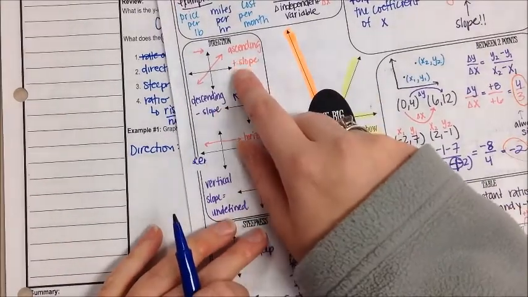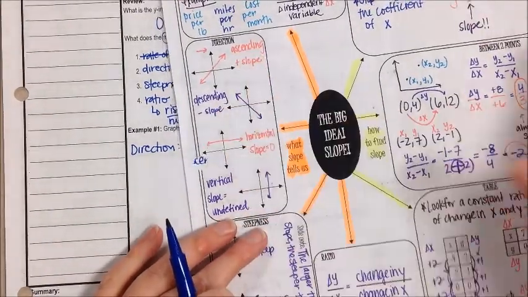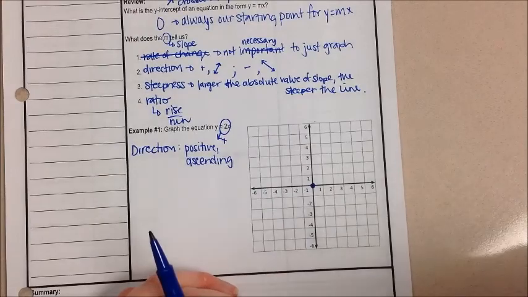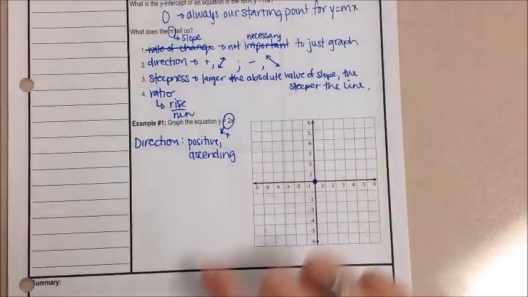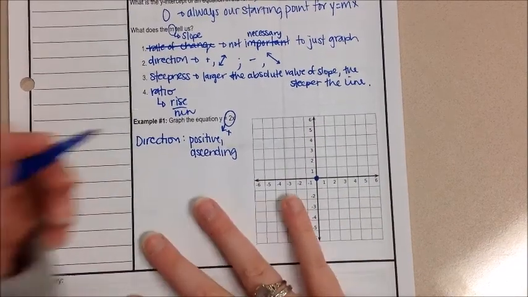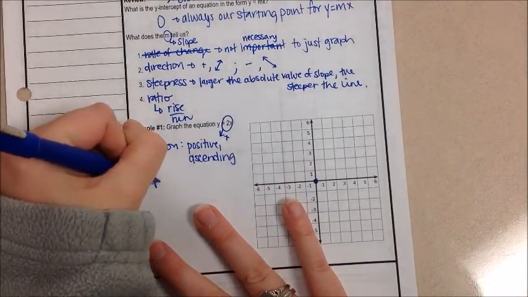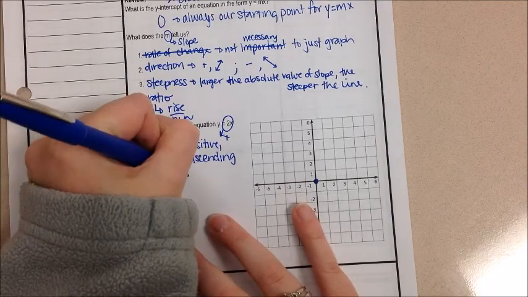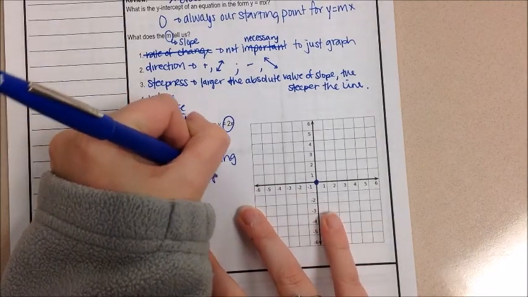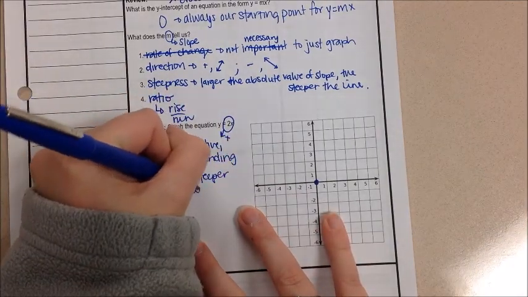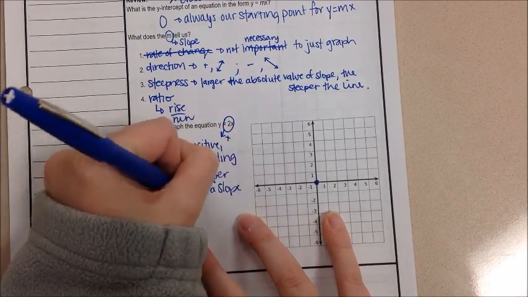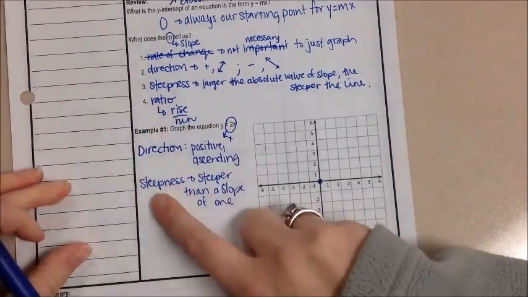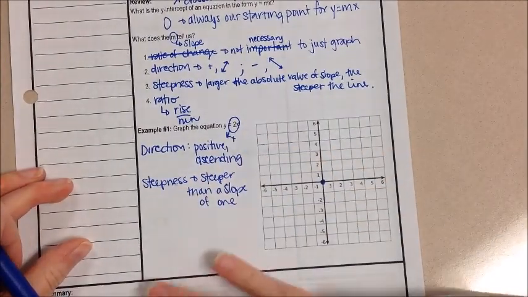Okay, when I have a positive slope, my line is ascending. Okay, then we have steepness. Okay, so it's not going to be, I mean, we can describe it. Okay, I mean, it's steeper than if it was 1. Steeper than a slope of 1. Okay, and remember, this is really going to come in handy when we're starting to compare graphs.